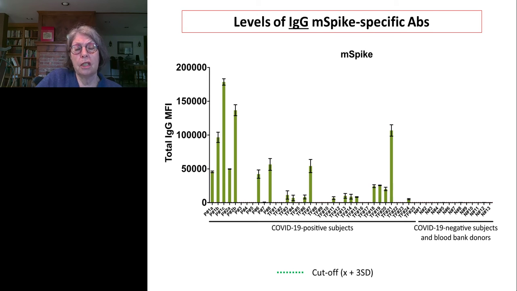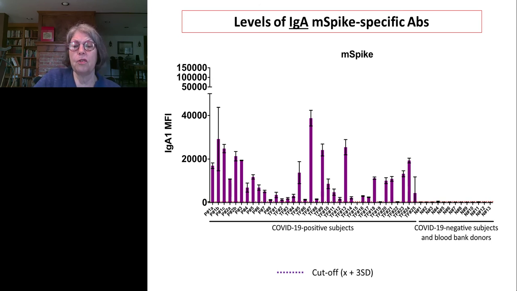In contrast, and these slides that I'm showing you are all the same patients, if you look at the IgA from these same individuals, all of them, with the exception of one individual, have IgA antibodies. Again, the baseline is this dotted line. You can just barely see it above the baseline over on the right when you're looking at the normal donors.